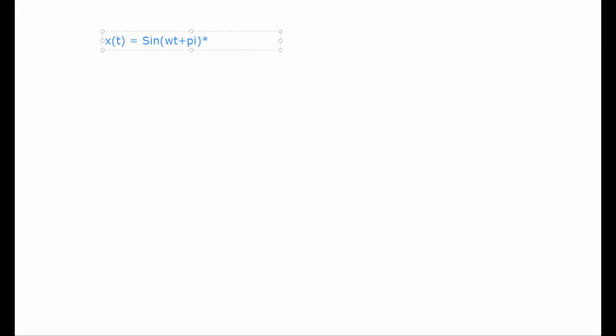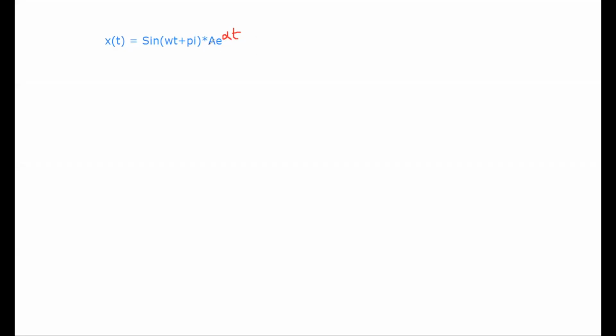Sin omega t plus pi into a into e to the power of alpha t, isn't it?